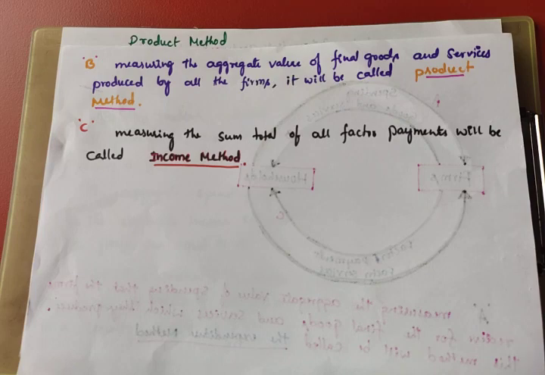That reward is considered income for the households, in the form of rent, wages, interest and profit. When households render their services of land, labor, capital and organization, they get remuneration, they get money. That is called income.